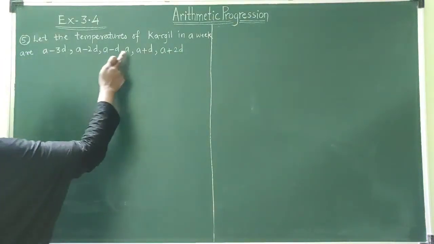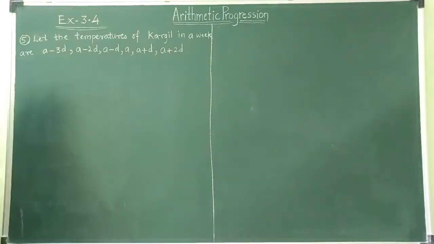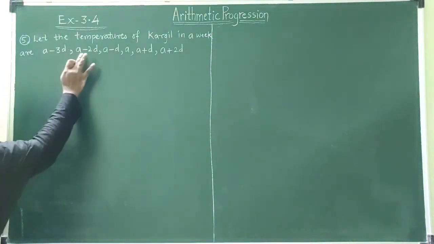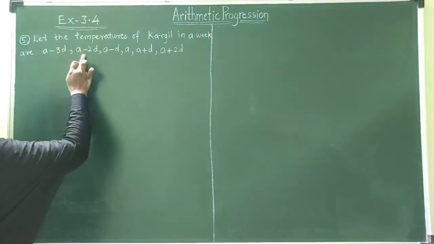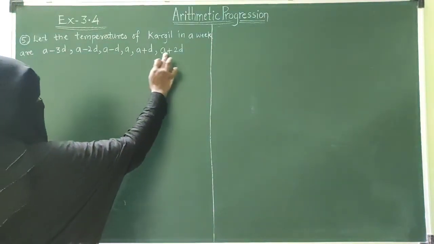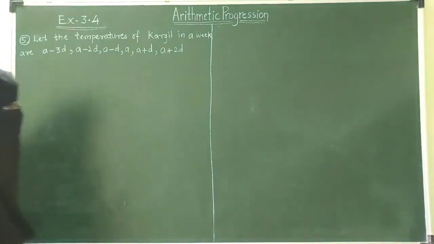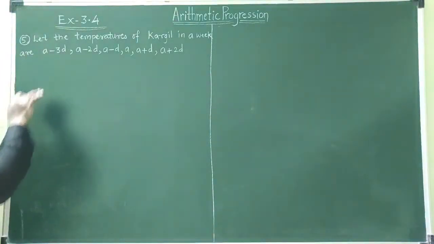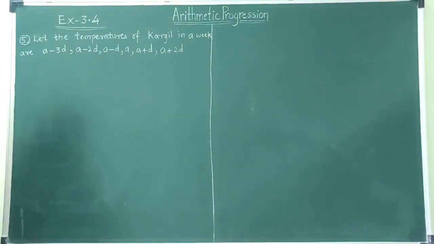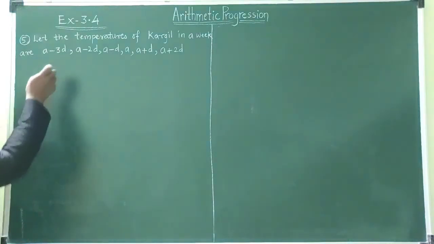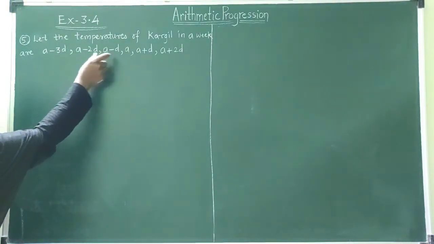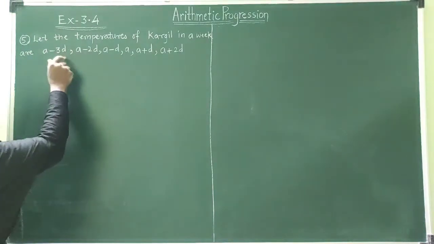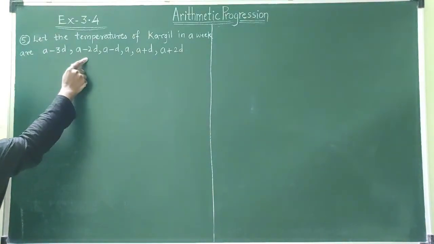Monday, Tuesday, Wednesday, Thursday, Friday, Saturday. We can write from here also: A minus 2D, A minus D, A plus D, A plus 2D, and A plus 3D. We have to write the numbers in AP, so we write here using the common difference. Here the difference is D.